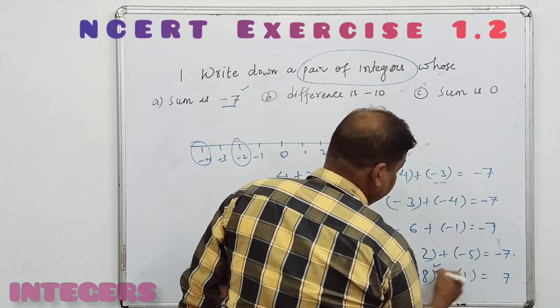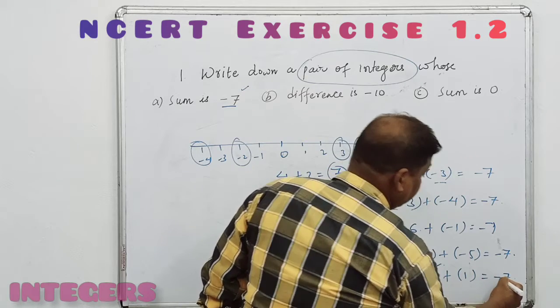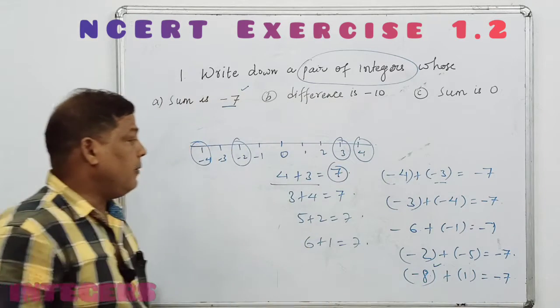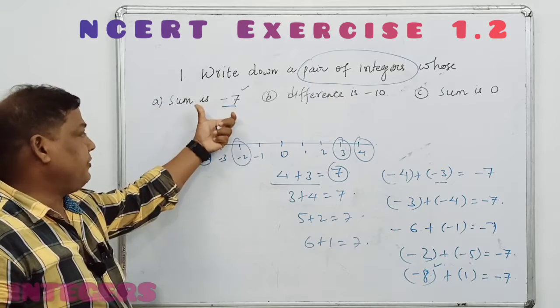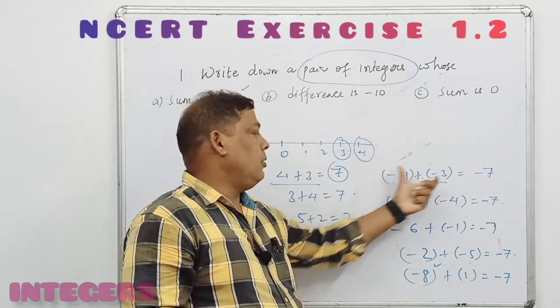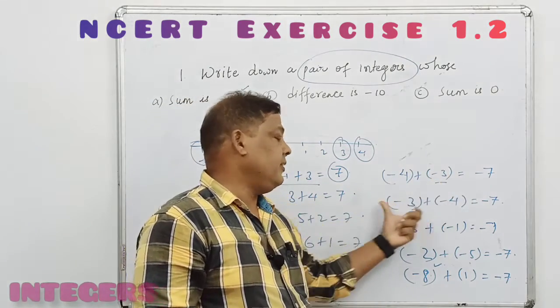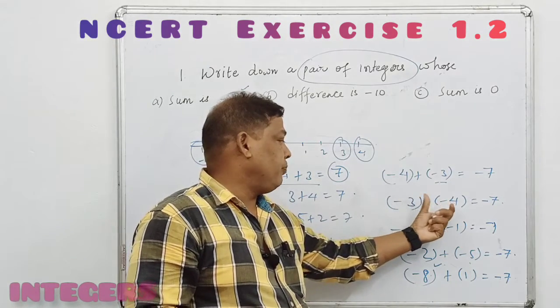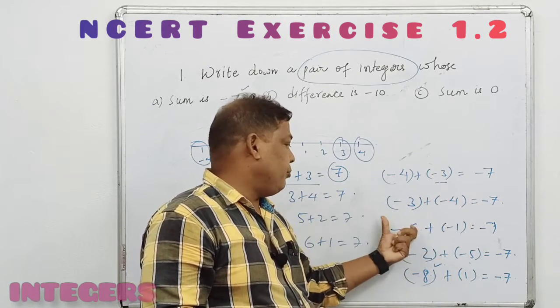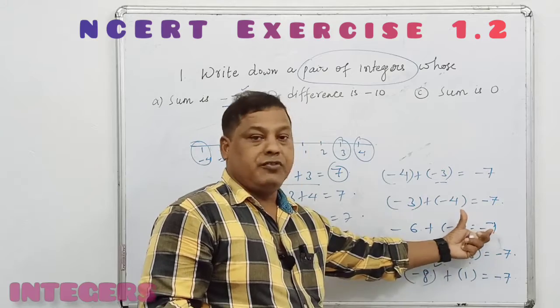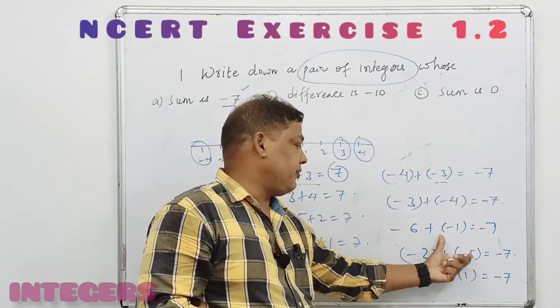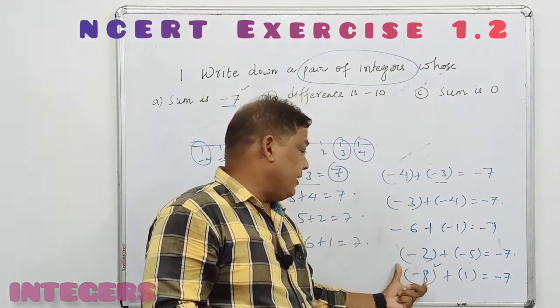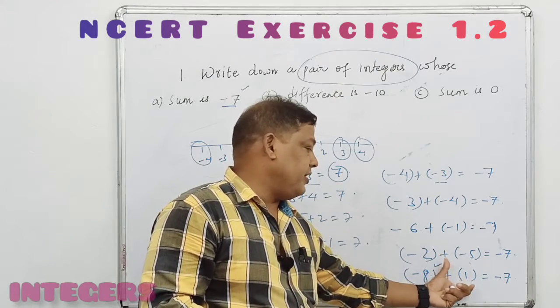The greater value is 8, so you carry the negative sign. For sum is -7: -4 plus -3 = -7, -3 plus -4 = -7, -6 then -1 is equal to -7, -2 then -5 is equal to -7.